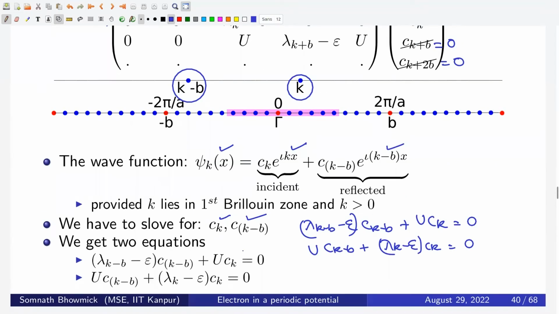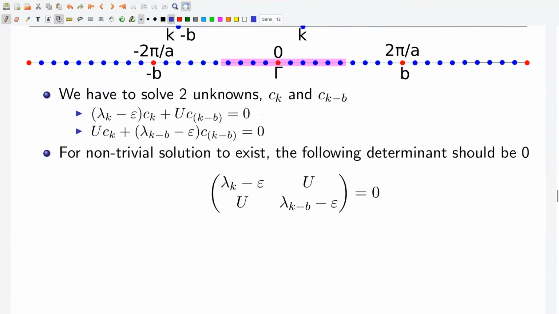Thus, we get two equations and we have two unknowns to solve. It is very easy to solve two unknowns from two equations. We know that for a non-trivial solution to exist, the determinant must be equal to 0.